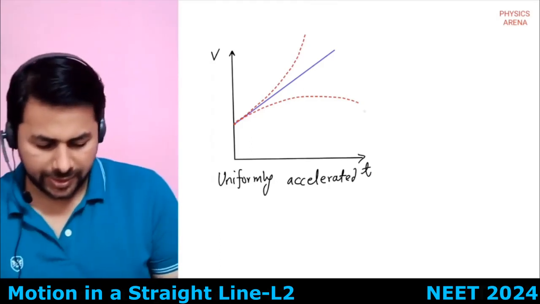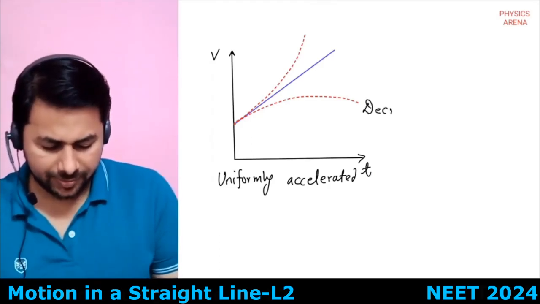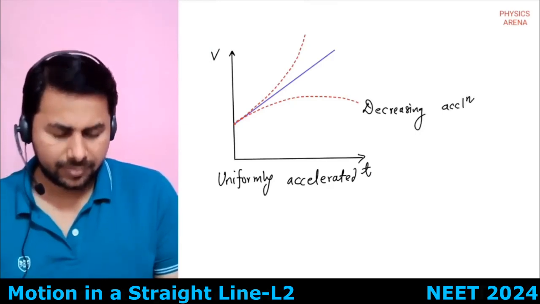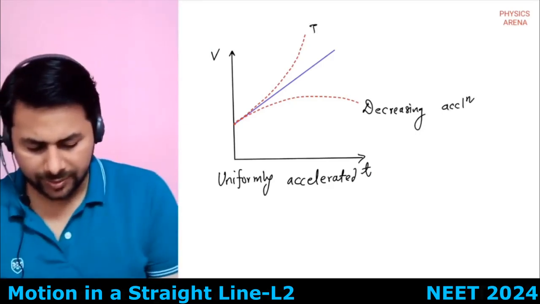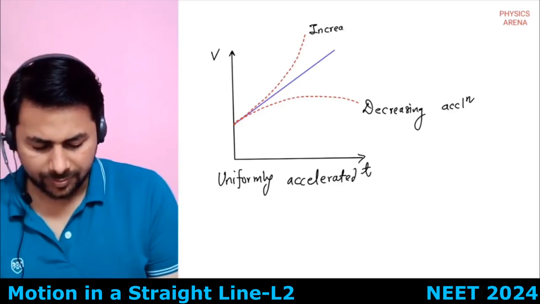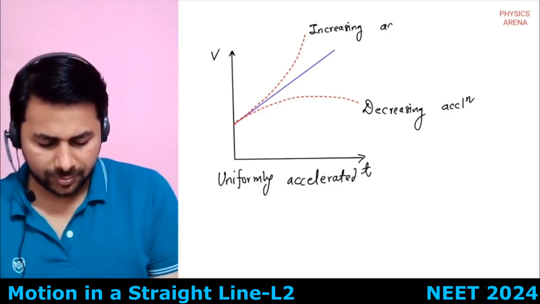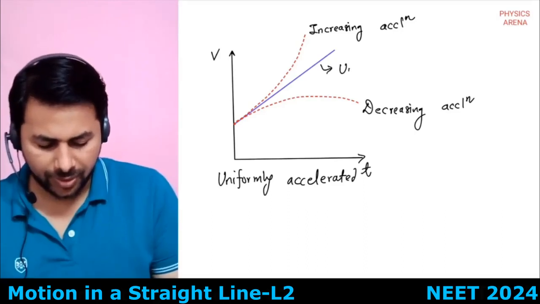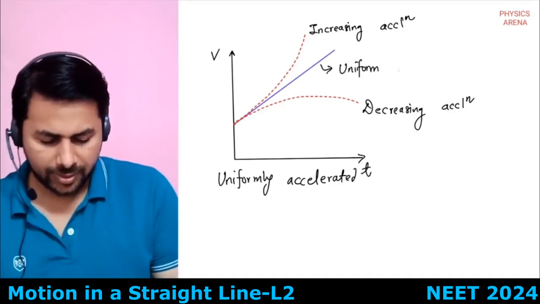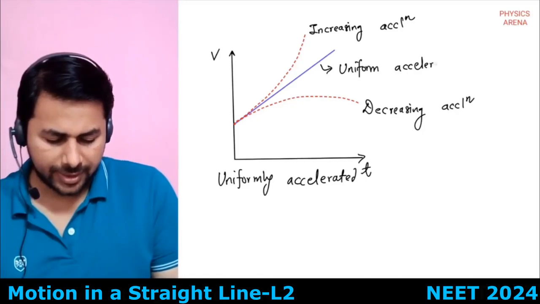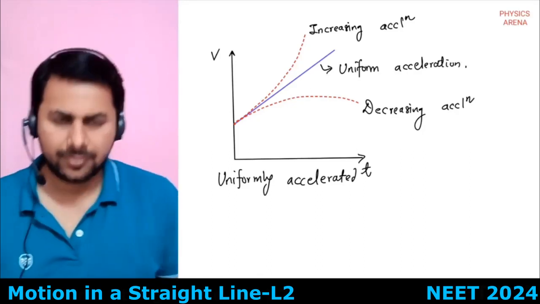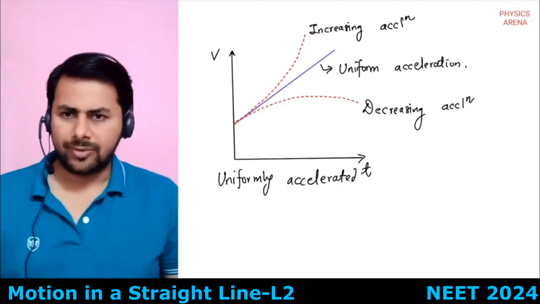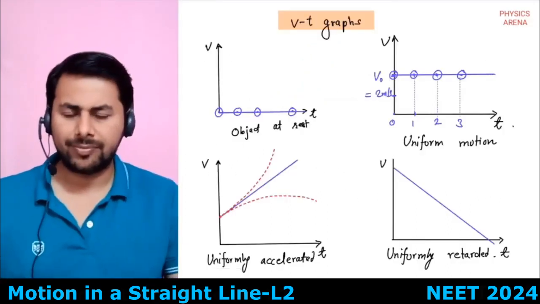So this is decreasing acceleration, and this one is with increasing acceleration, and this is for uniform acceleration. Okay, right? So this is clear for everybody.